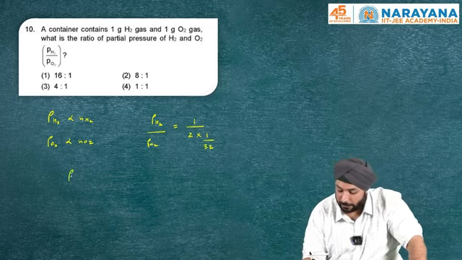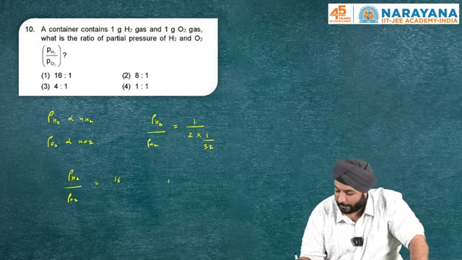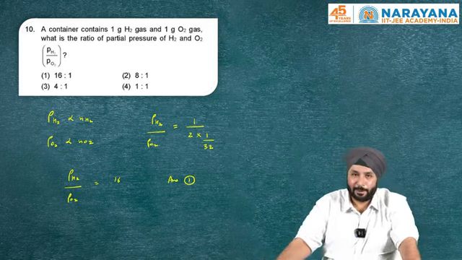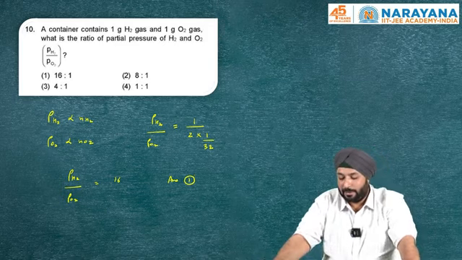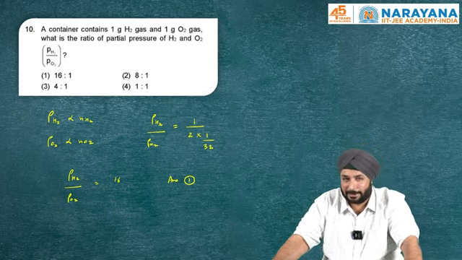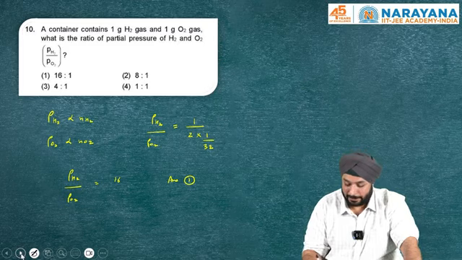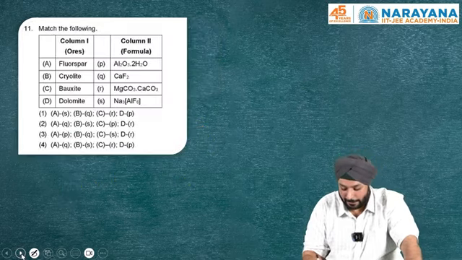So the ratio of the partial pressure of hydrogen to that of oxygen comes out to be 16. So the answer should be option 1. Yes, it's a very simple question. No need to read the entire gaseous state. In the stoichiometry chapter, you would have used PV equal to nRT, the pressure and number of moles relationship. You can easily do it, right? So I guess students got clarity in this question.